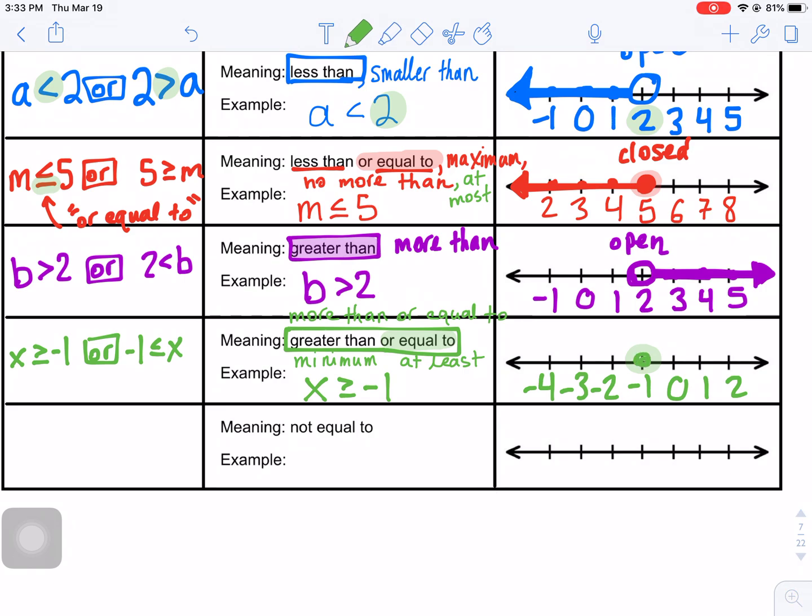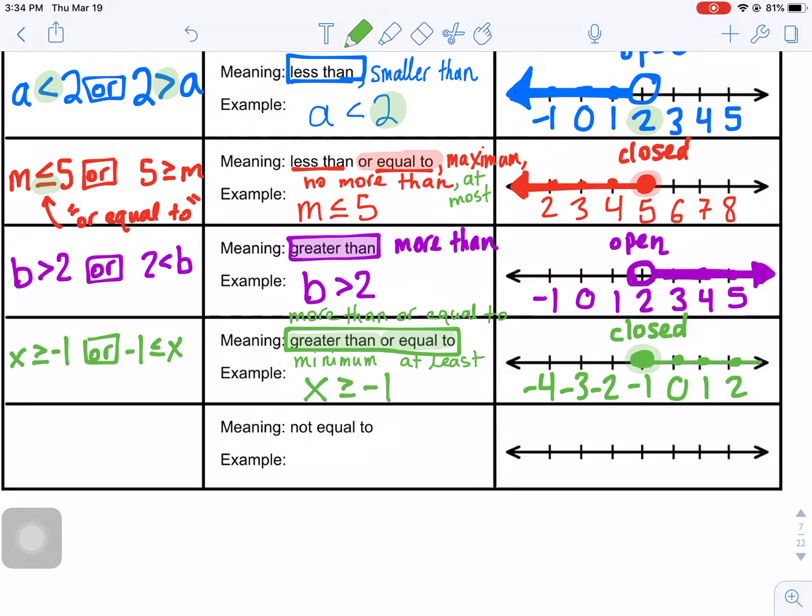So I'm going to put a closed circle at -1. And we want all the numbers greater than or equal to -1. So 0 is greater, 1 is greater, 2 is greater.